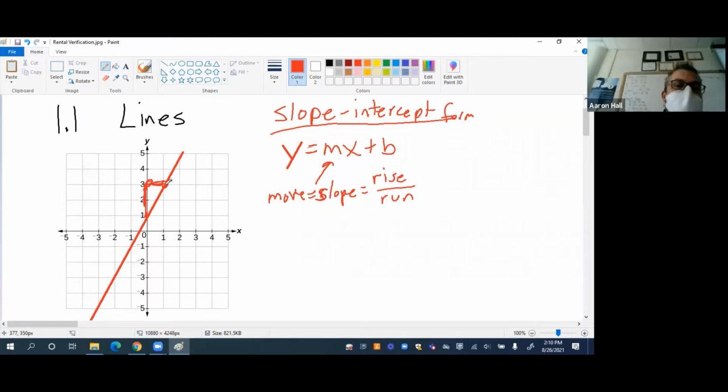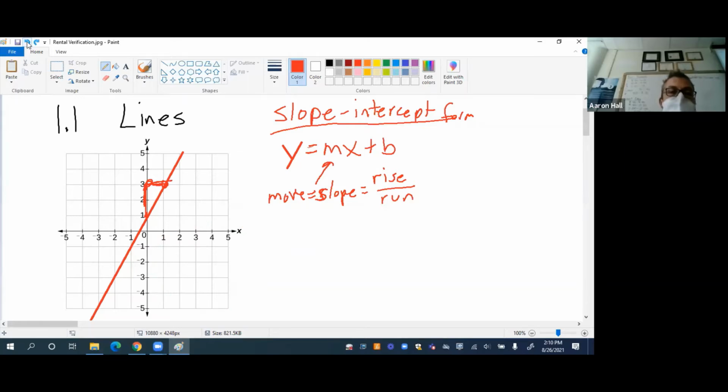to another lattice point. These are called lattice points. A lattice point is a specific point on the graph that crosses one of those X marks on the grid. This is called a grid. This is the graph. Does everybody recognize the difference? The grid versus the graph?